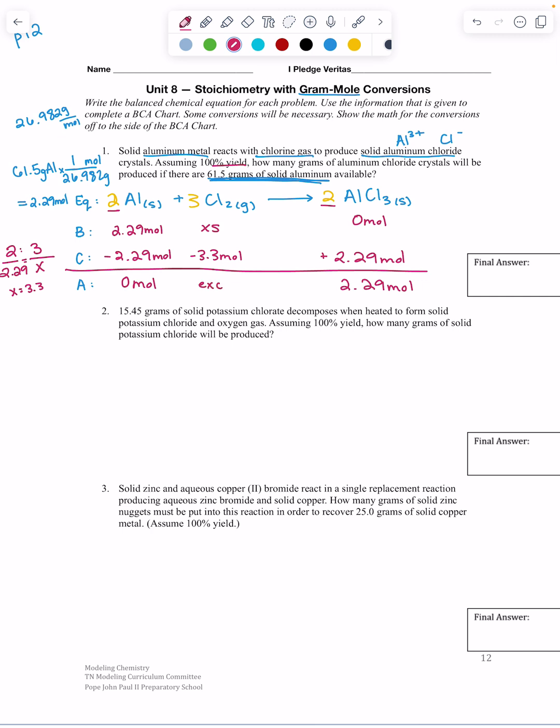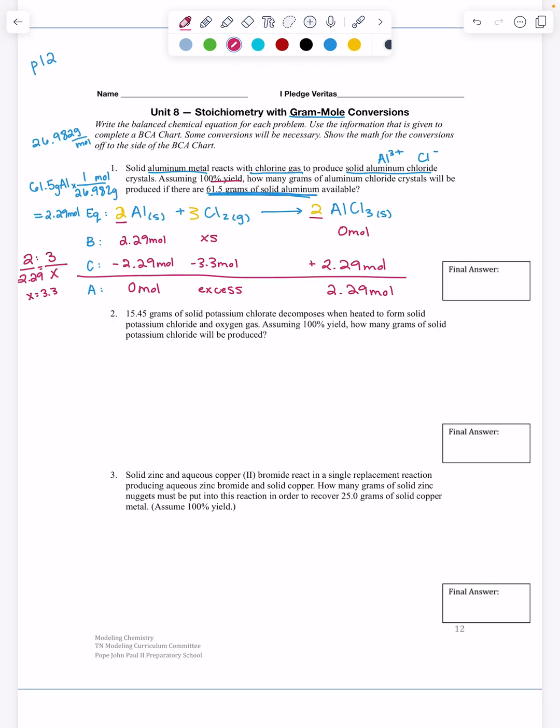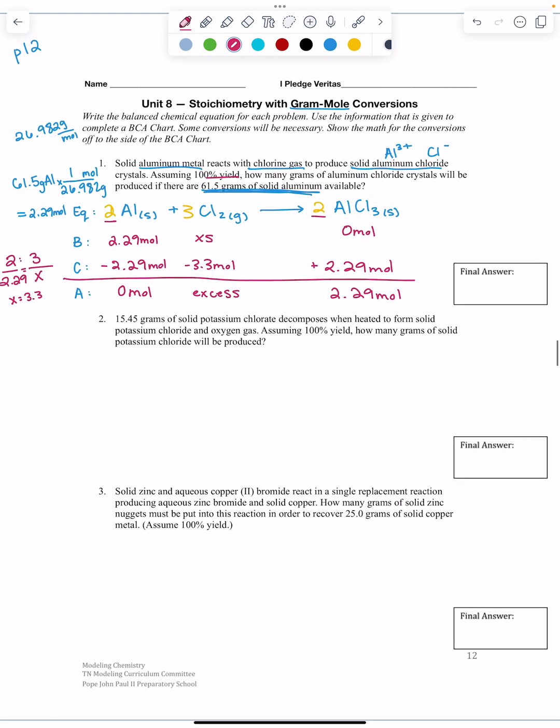And this is still going to be an excess because there's a large amount of it. Okay, so they're asking how many grams of aluminum chloride crystals will be produced. Okay, so we're not finished. We have moles right here, but what is the question asking for?